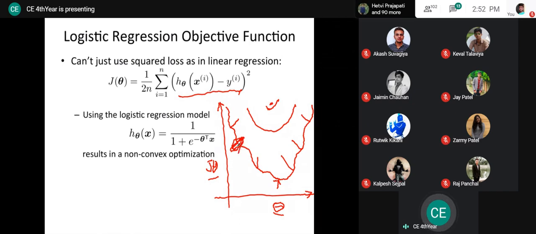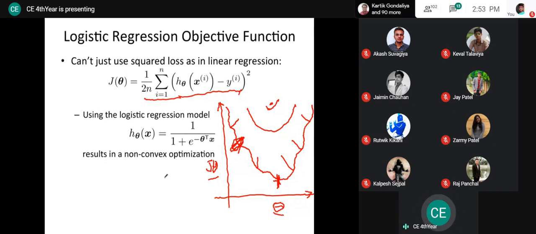And we don't want to do that. We need the error to be minimum, that means we want to reach this particular global minima. For that, such a non-convex graph may not be helpful for us. So that's why we are not using this square error function. Otherwise, you can use any loss function.